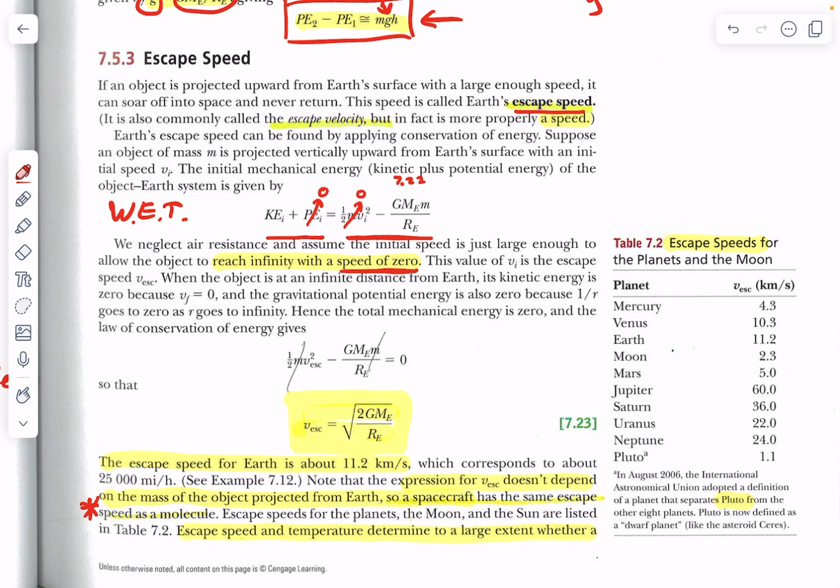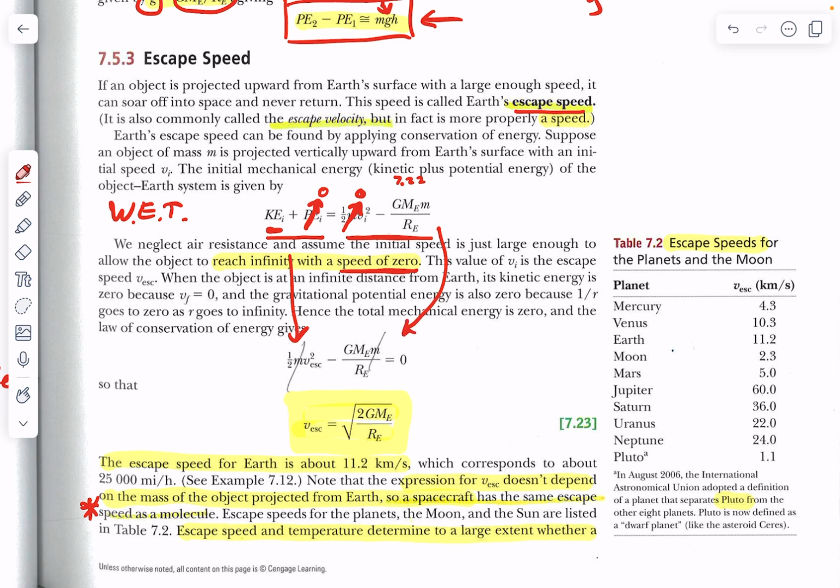And so that means my potential energy at infinite distance is zero, and when I'm no longer trying to get away from the Earth's pull, the kinetic energy goes to zero. And so my initial kinetic energy, which is 1/2 mv squared, equals this much energy here.